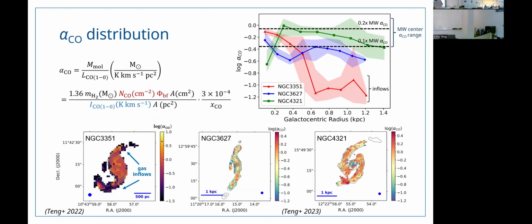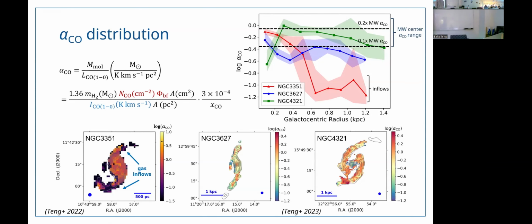Typically we get 5 to 15 times lower alpha CO values across these galaxy centers. But you can also see large variations in alpha CO within even a single galaxy center. And the most extreme case is actually the inflow arms of NGC 3351, which corresponds to this structure here.